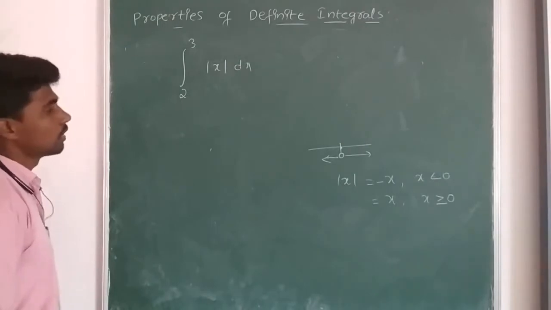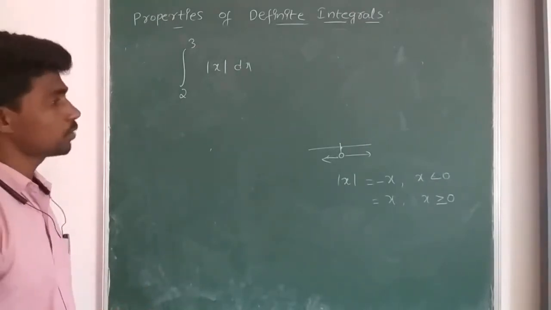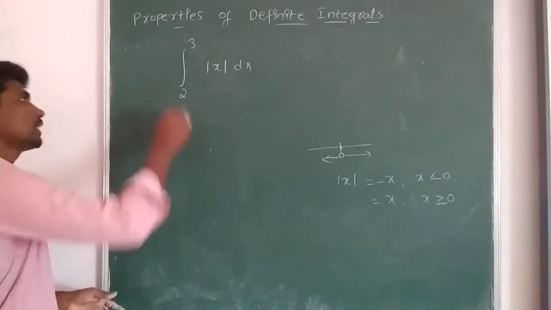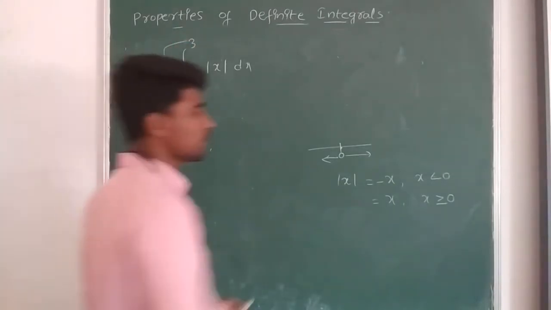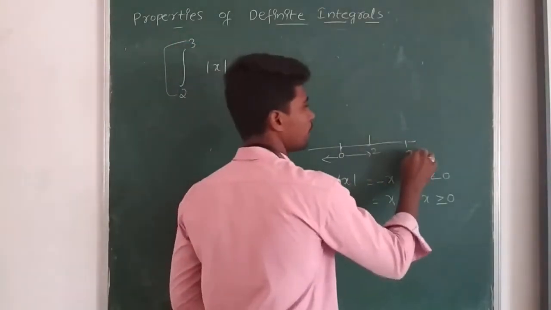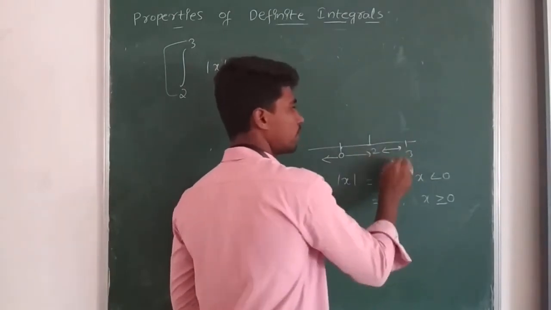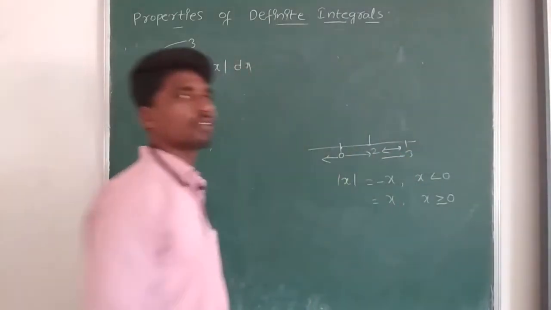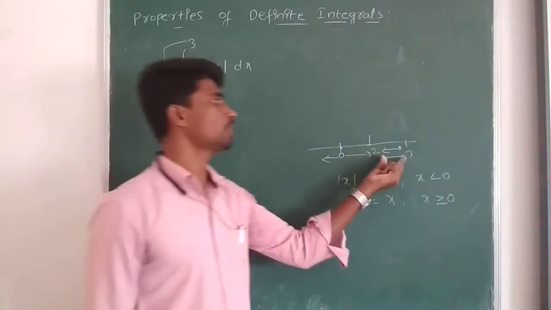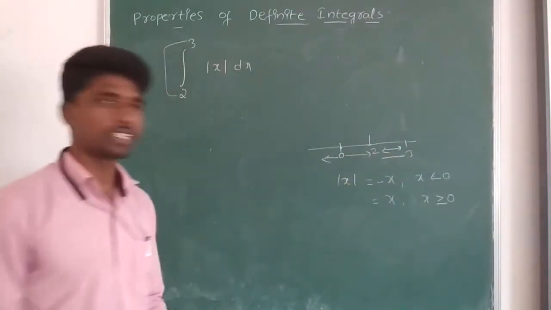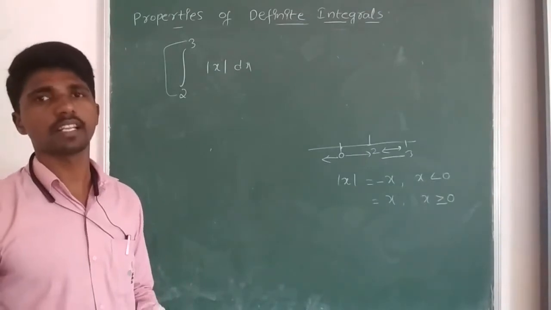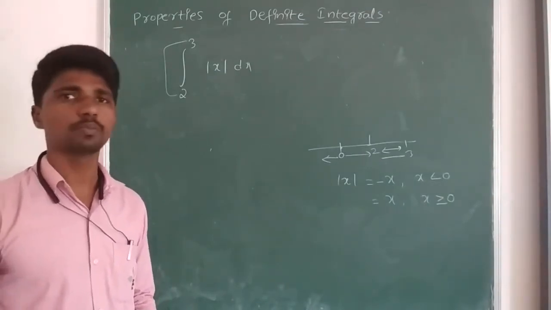Now, based on the limits we have to consider. The limits are lying from 2 to 3. In this particular interval, how does modulus of x behave? This interval 2 to 3 is lying on the right side of 0. If it lies on the right side of 0, definitely it is positive.